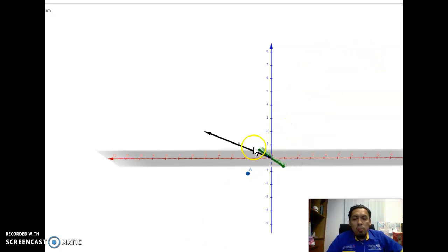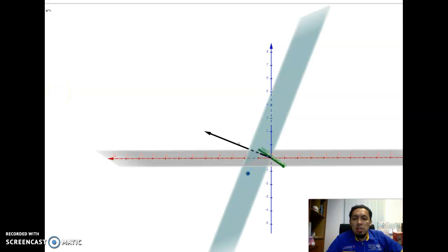So by combining this information, we want a plane that is perpendicular to this normal vector and also passes through A. So it should look like this.